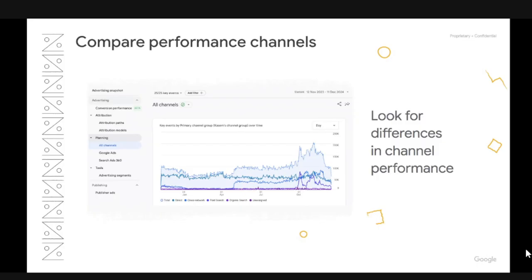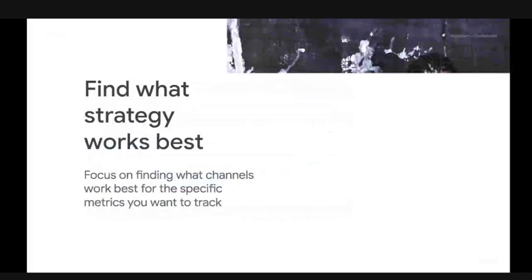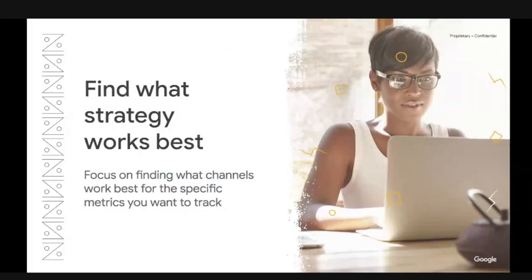So comparing channel performance will be a data-driven decision. You can't compare without seeing what each channel is performing, and that comes through data. Google Analytics gives you access to that information across the platforms.